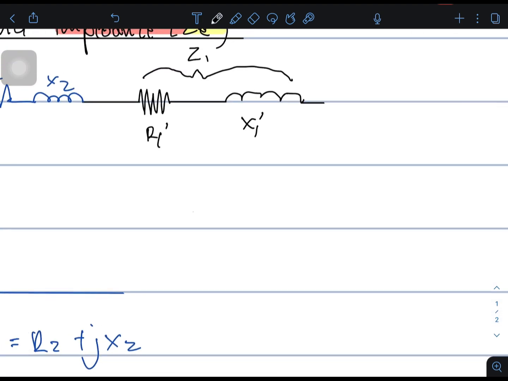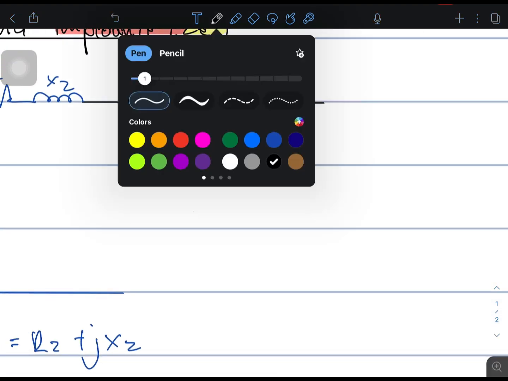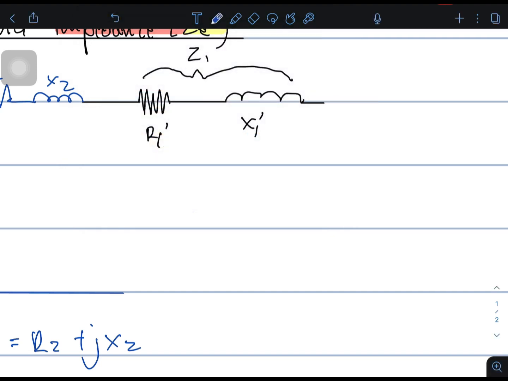Okay. You will see, guys, after I have written all of this. Me, when I teach something, it is only because I want you to understand how the calculation goes.